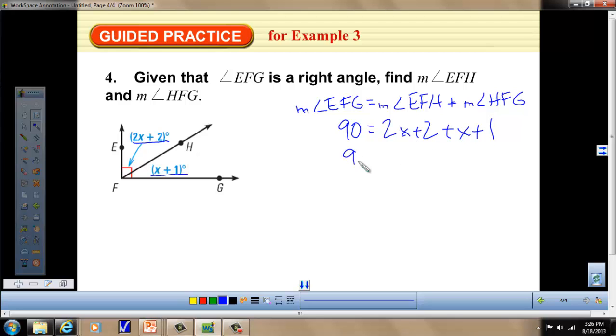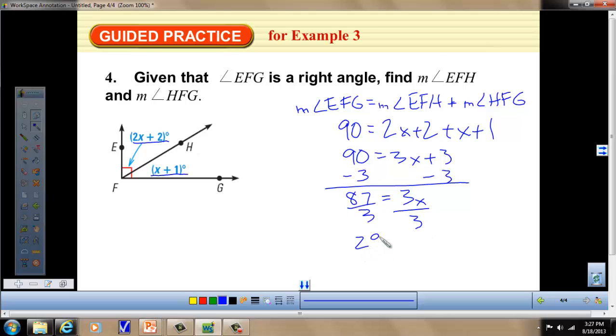Combining like terms on the right, we have 90 is equal to 3x plus 3. Subtracting 3 from both sides, we get 87 equals 3x. And dividing both sides by 3, we get 29 is equal to x.